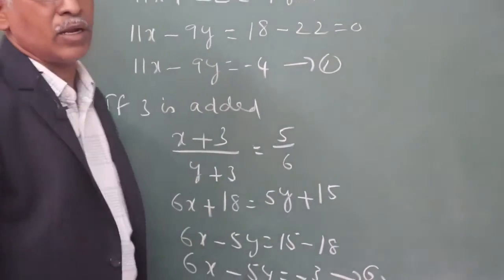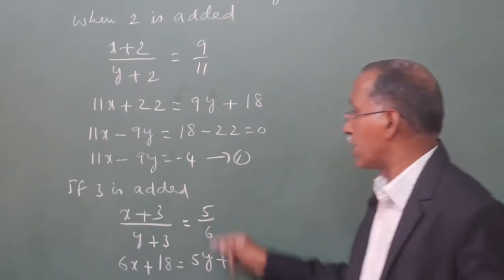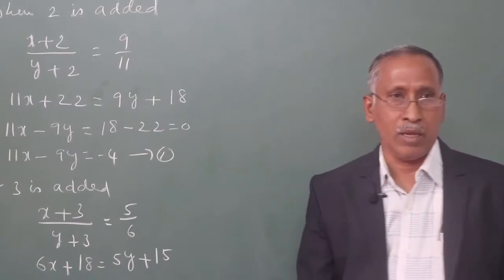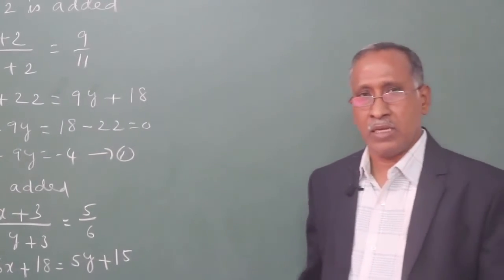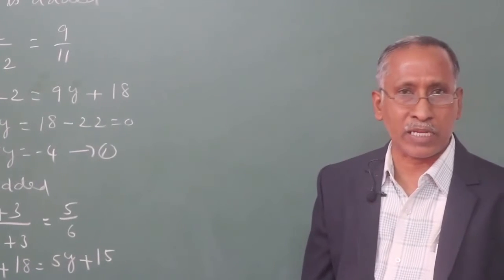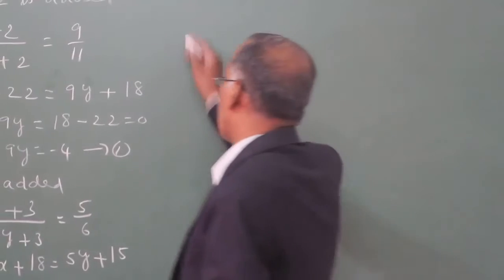Now we have obtained two simultaneous linear equations. We have to solve these for x and y. As we have discussed, there are three methods: substitution method, elimination method, and cross multiplication method. Let us solve this by the cross multiplication method.